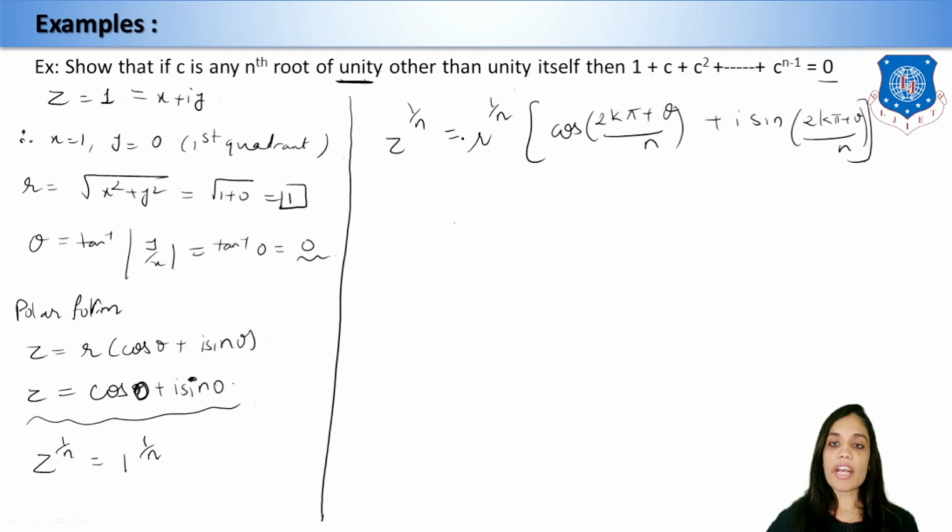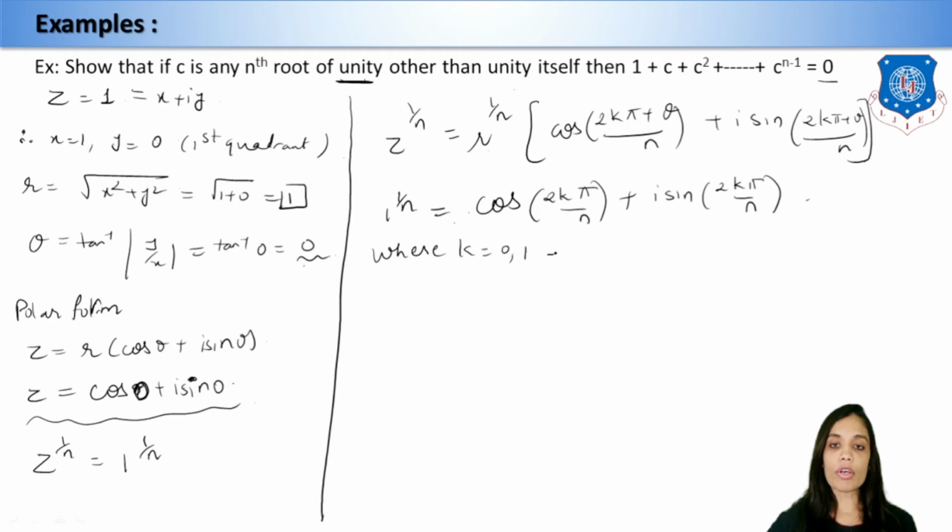Now we know z raised to 1 upon n is what? 1 raised to 1 by n. r is 1, so this is 1. Now the value of theta is what? 0. So what will remain? cos 2kπ/n plus i sin 2kπ/n, where our value of k varies from 0, 1 up to n minus 1.